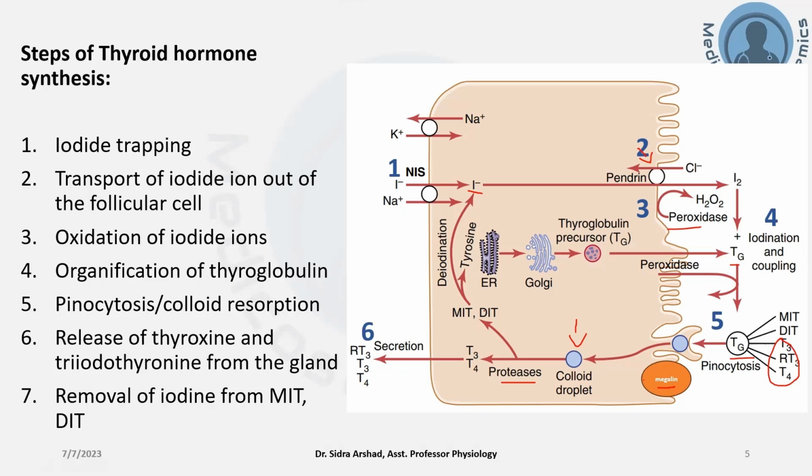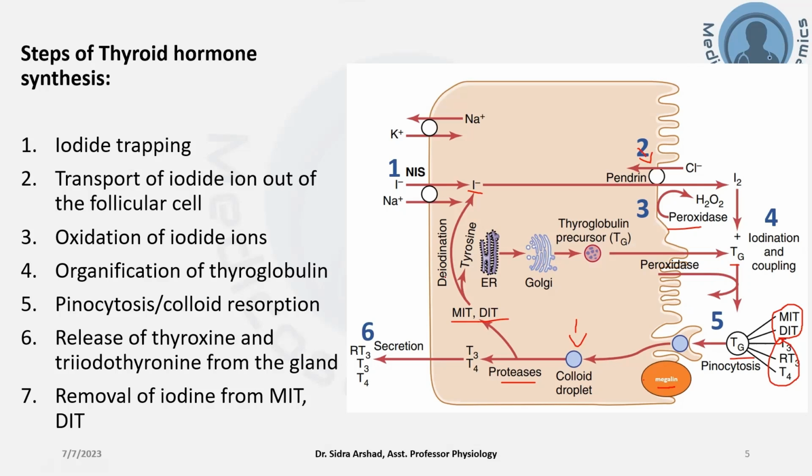How is this established? You can see associated with the thyroglobulin molecules were other compounds, MIT and DIT. We are going to see what these compounds are. So these are recycled. We have to conserve the iodine. So once the T3, T4, and reverse T3 have been released, these MIT and DIT are not released.